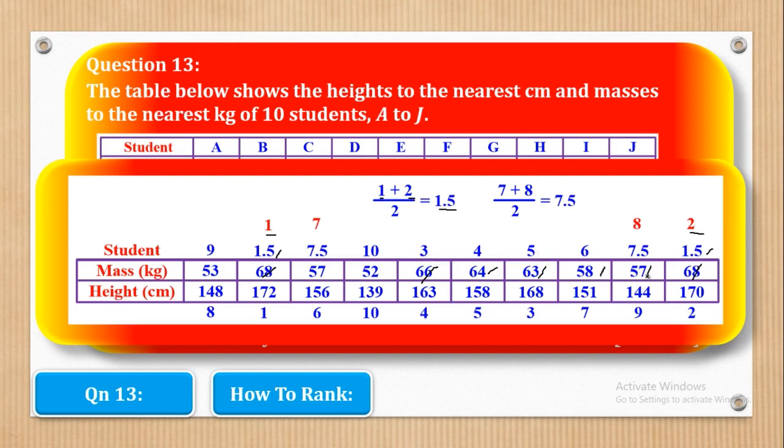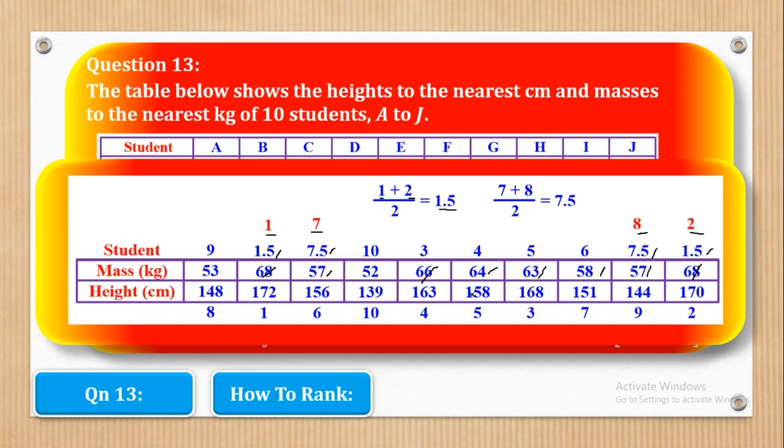And next is 57, but you realize that 57 occurs twice. There's 57 and this 57, meaning one value would have taken position 7 and another one would have taken position 8. But since they must have the same rank, you get their average. So 7 plus 8 over 2 gives 7.5, meaning both 57s get 7.5.